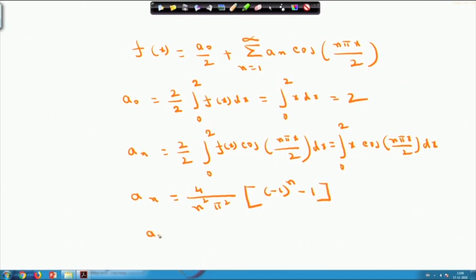So, I can write a1 equals -8/pi^2, a2 will be 0, that means even terms will be 0 when n is even. Obviously, from here your a3 will be 8/(3^2 pi^2), your a4 will be 0, and it will go on like this. So, I obtained a0, a1, a2, a3, a4 like this.